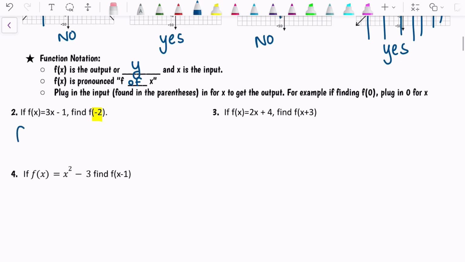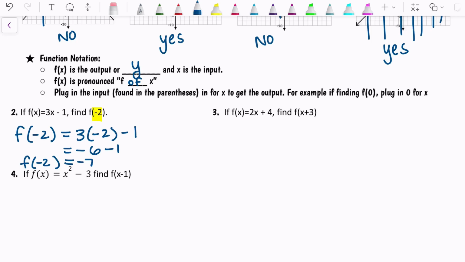And so I'm plugging -2 in for x, and I'm evaluating. So I have 3 times -2 is -6, take away 1. This would give me -7, and we typically write our final answer with that function notation, which again just means plug in whatever's in the parentheses in for x.